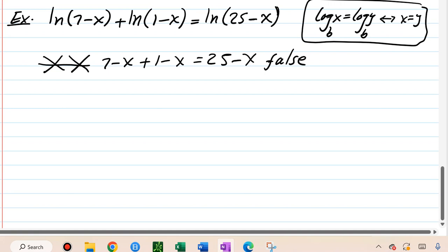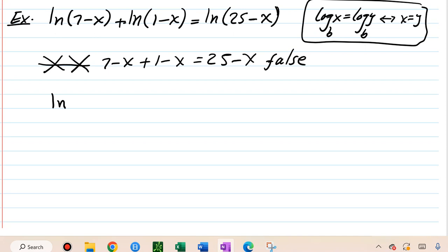Well, the correct way is to combine the natural logs together. Because I have a sum of two logs, we can join them as a product. So a sum of natural logs becomes the natural log of a product. The product is 7 minus x times 1 minus x. Equate that with the natural log of the right side, which is 25 minus x.